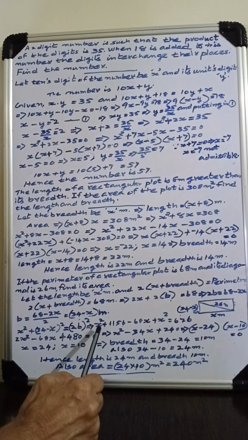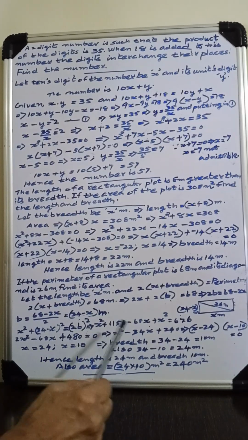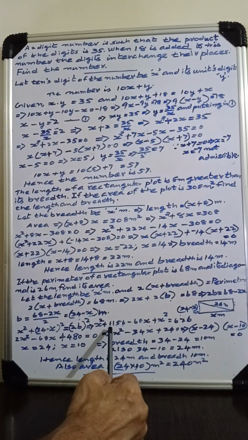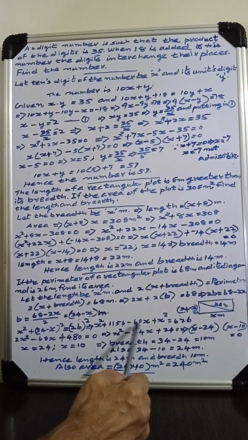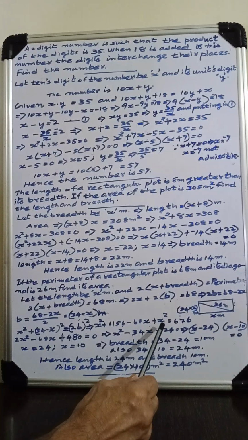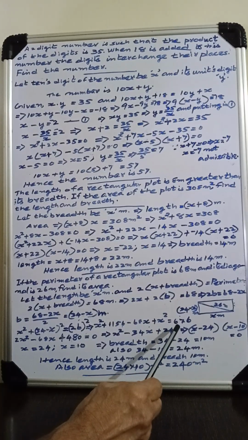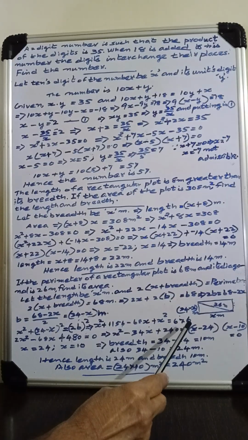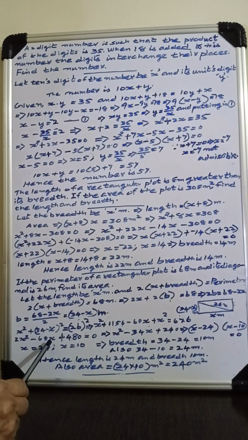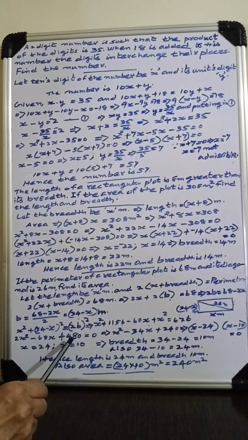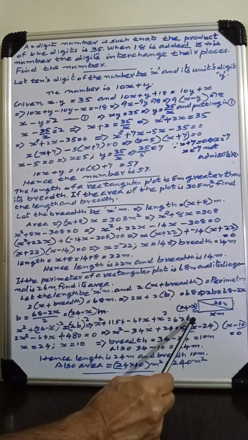That is x squared plus 34 minus x the whole squared, when expanded, 1156, 34 squared, minus 34 into 2 into x, minus 68x plus x squared equals 26 squared, 676. That is 2x squared minus 68x plus 480 equals 0 when simplified.